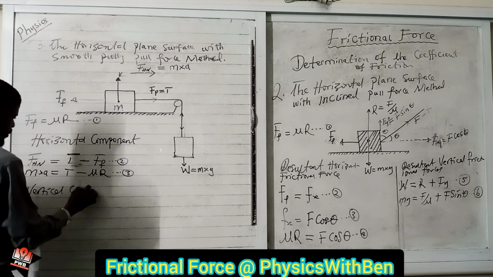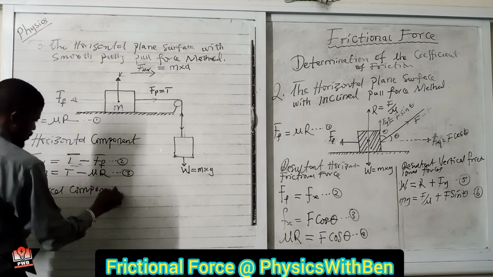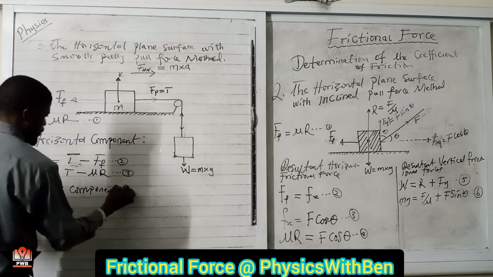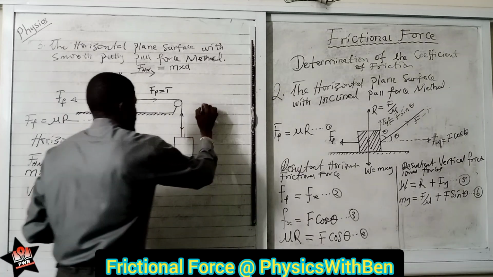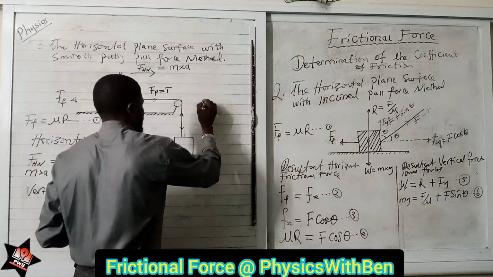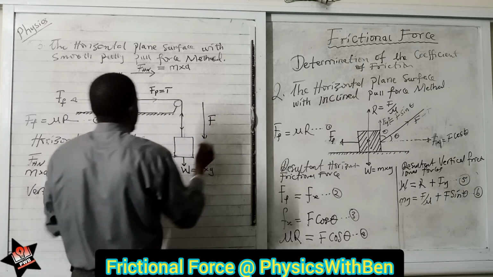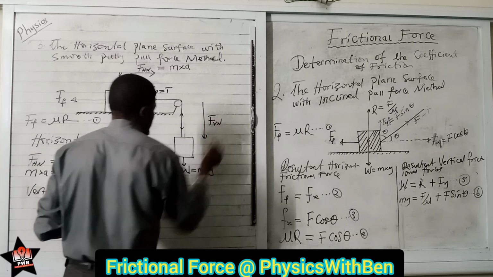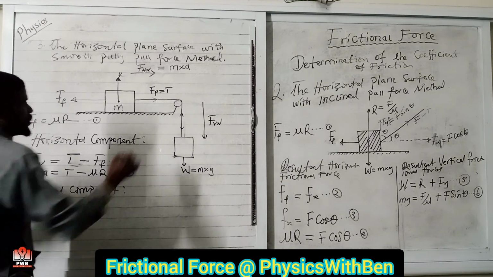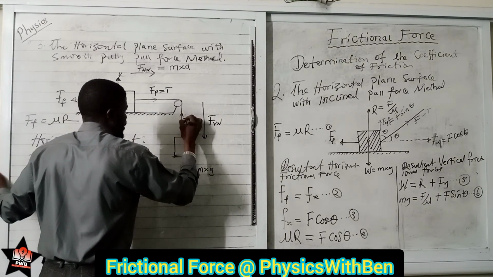Now we look at the total vertical components of this force. The vertical component of this force is given as this. So this is the total vertical net force. So there's a tension created here.